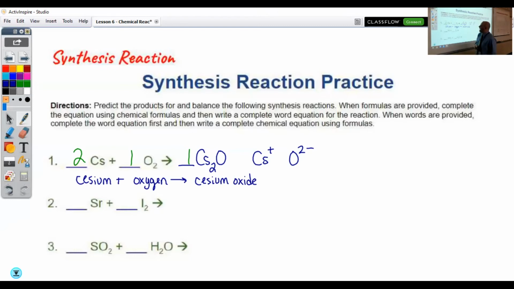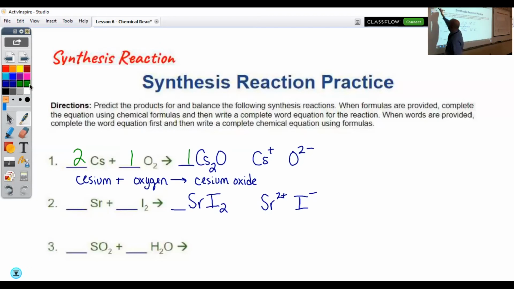Okay, if we take a look at our next one, we have Sr, that's a metal and a non-metal combining. So strontium is in group 2, that's 2 plus. Iodine is in group 17, that's 1 minus. So it's going to form a compound SrI2. We need 2 copies of iodine in order to balance out the strontium.